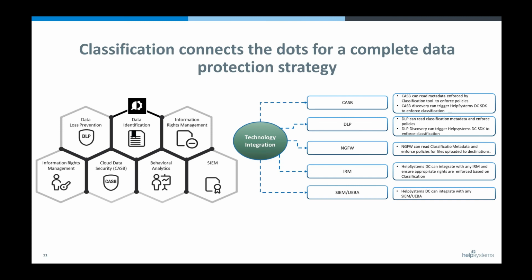You can see some example use cases there. Say for instance, CASB. Once information is classified in cloud data stores like OneDrive, SharePoint Online, where we can go and perform discovery and ensure that information is classified, CASB can then read that classification metadata and ensure sensitive information is not shared with external recipients. And if it is restricted or internal information, it's not downloaded to unmanaged assets.